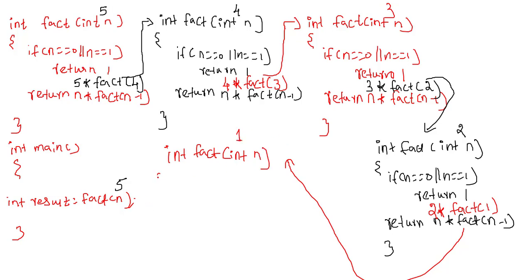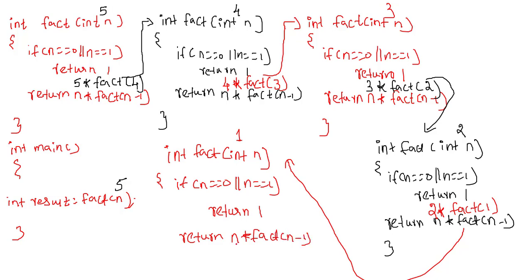So first check the if condition. If n equal to 0 or n equal to 1, if the condition is true, I have to return 1. Otherwise, return n into fact of n minus 1.